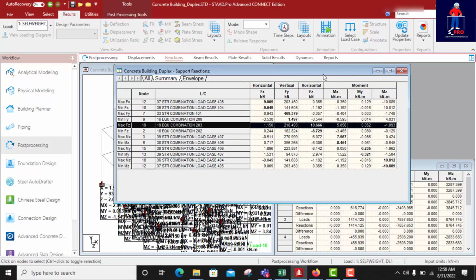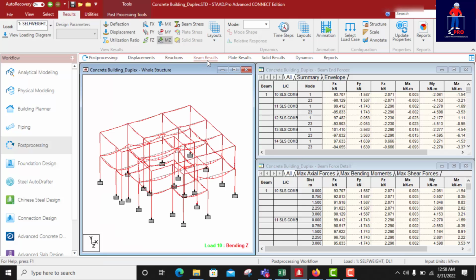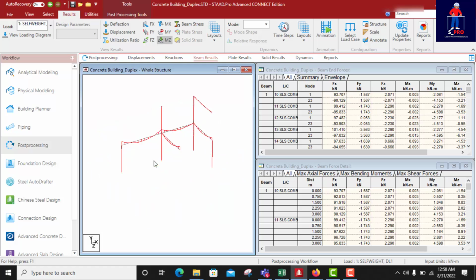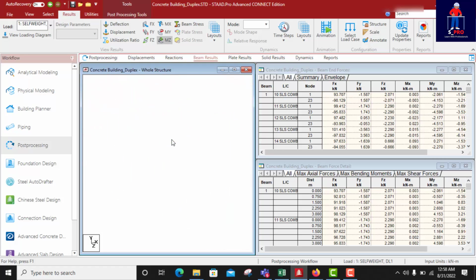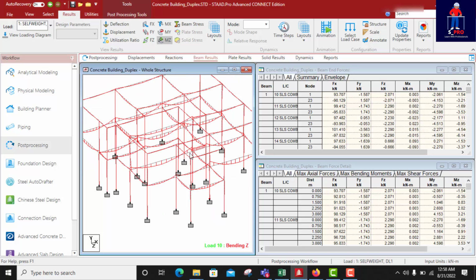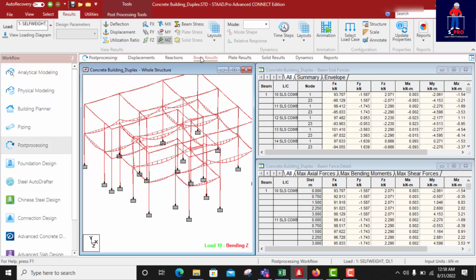That's for support reaction. So if you come here, this one is beam results. So you see bending moment diagrams. See, as MZ is active.